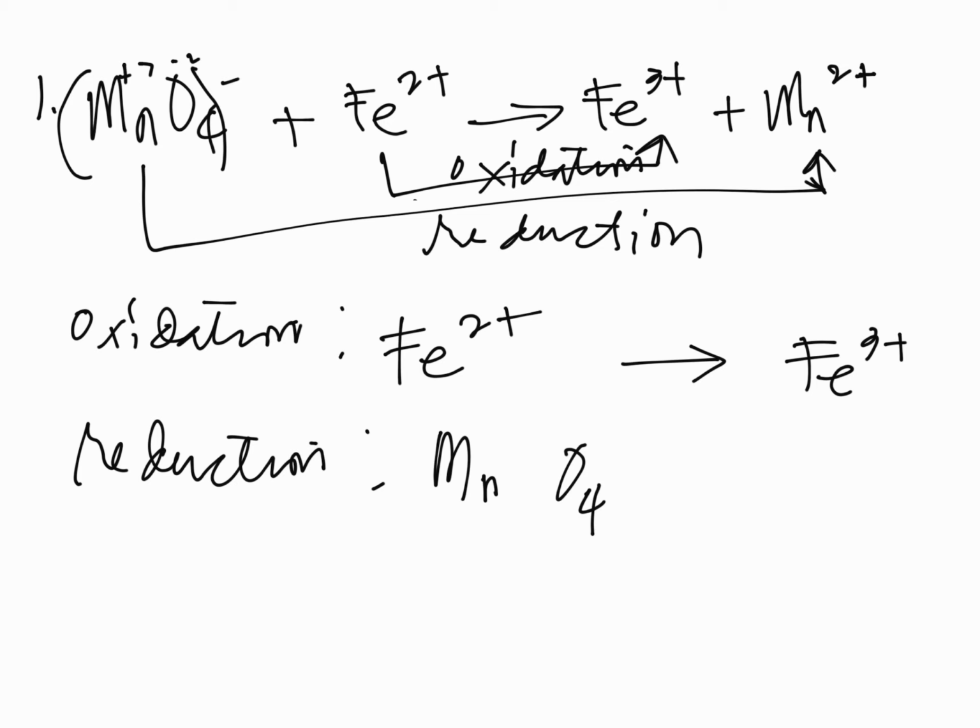So that's MnO4 negative, then the resulting product is Mn2 plus. Let me just clear this out.